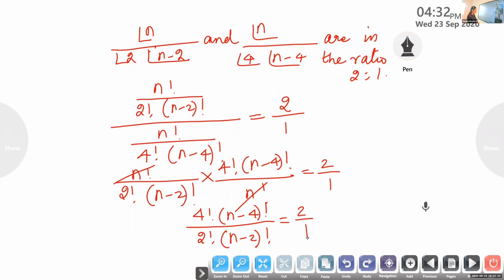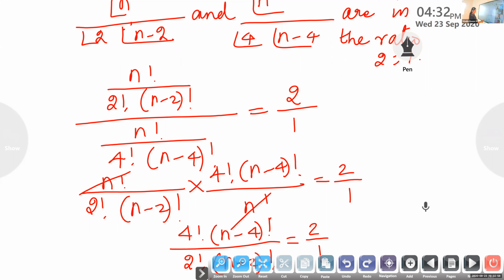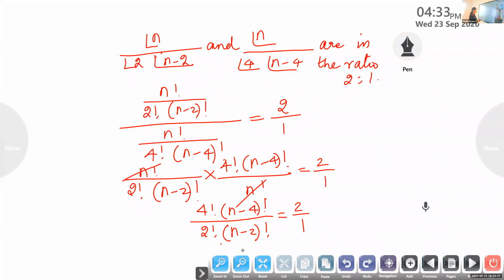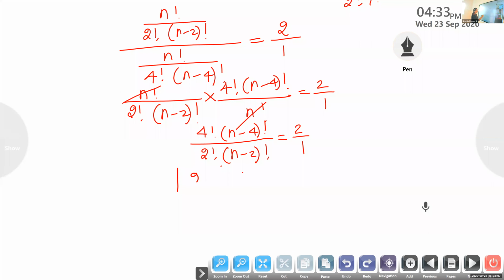How will you simplify this and find n? We can write 4 factorial as 2 factorial into 3 into 4, expressing the bigger one in terms of the smaller one.